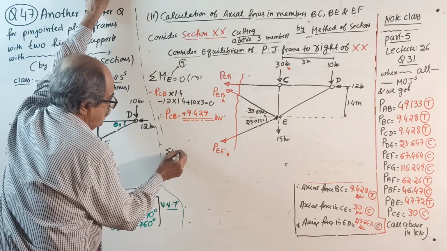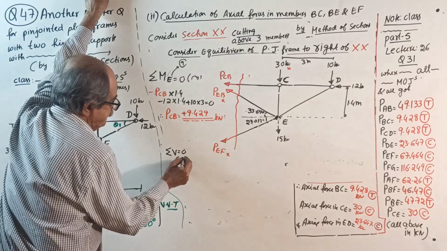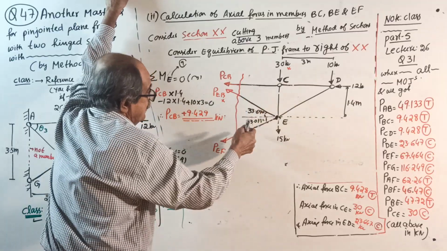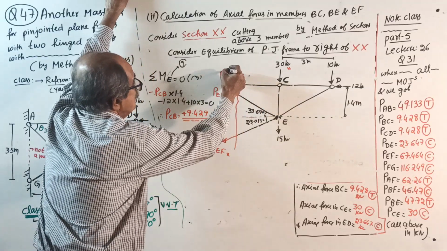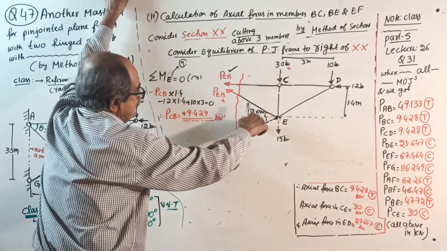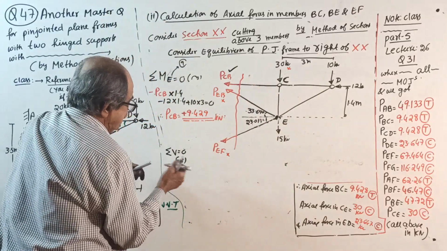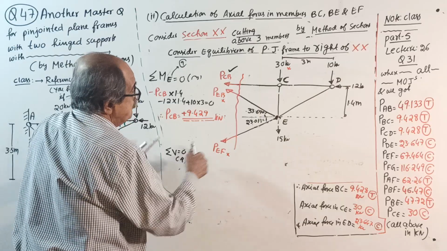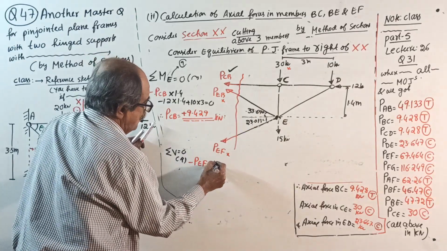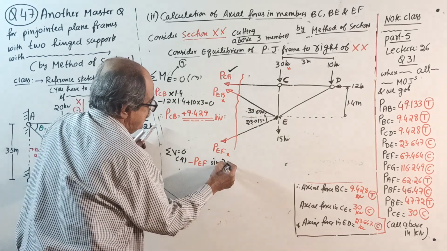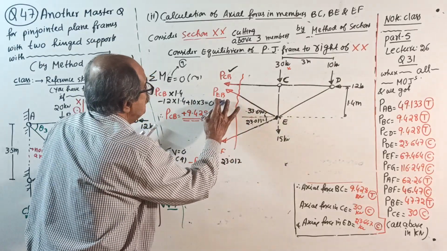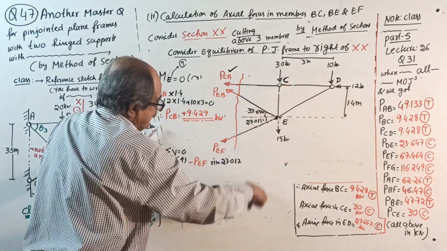Then next make this over. Sigma V equal to 0, upward positive. See here, we already got P CB here. This unknown: minus P EF into sine of 23.017. Remove these marks now. Minus that one.